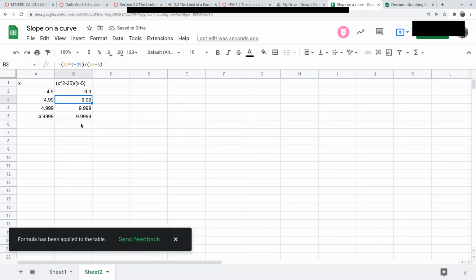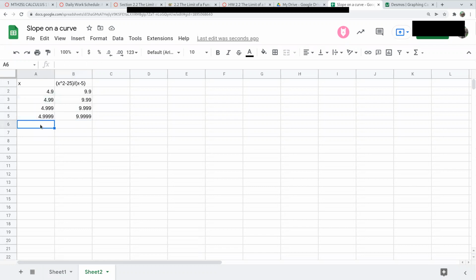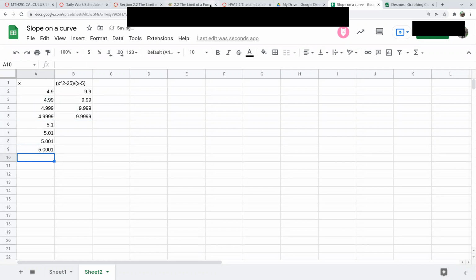Cool. So I'm just going to do it down here. So let's see, 5.1, 5.01. I want to just keep getting closer to 5. 5.001, and I believe the next one should be 5.0001. Let's double check homework.